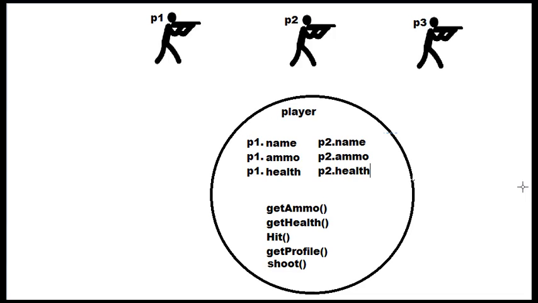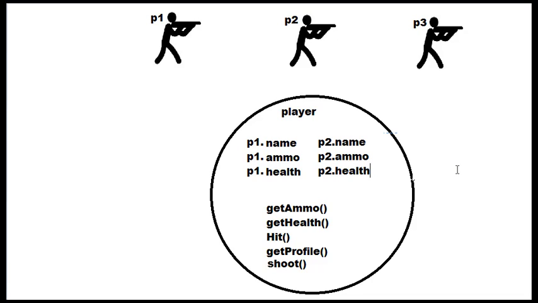So that's how individual objects will identify particular variables and functions inside this piece of code. So this P1 dot and P2 dot is declaring the variables of the individual objects.